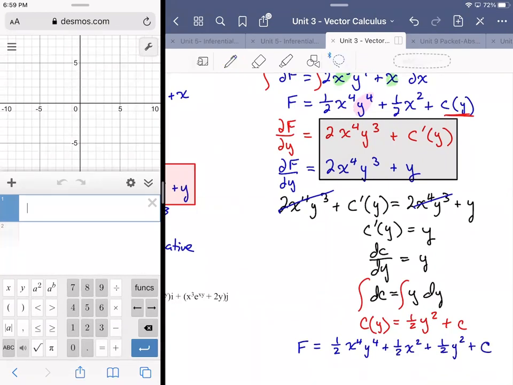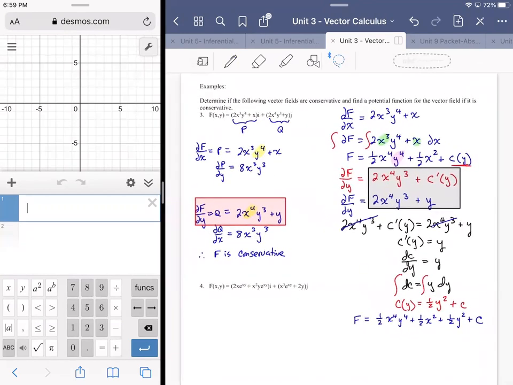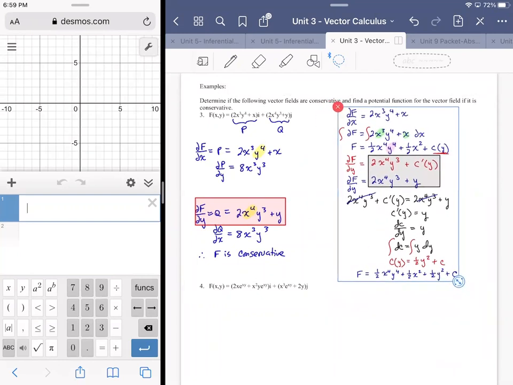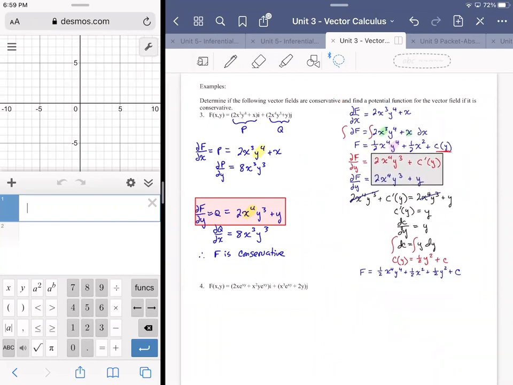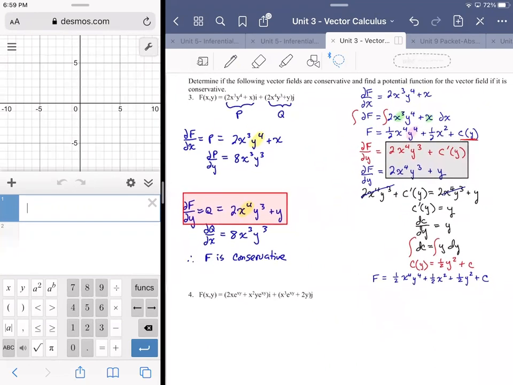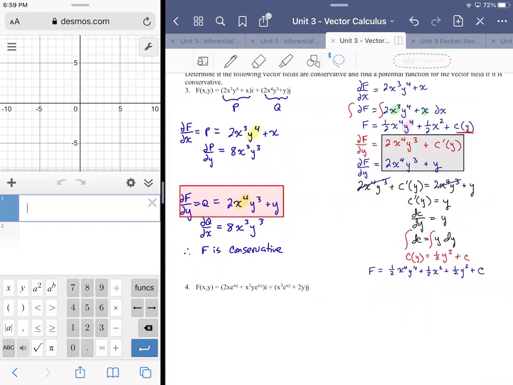Now we would need some other kind of condition in order to figure out what the value of c is, but this is an accomplishment in and of itself. So we kind of rejoice in the fact that we even got this far. In order to figure out the value of c, we would need some other condition. But what this gives us is a multivariable function.